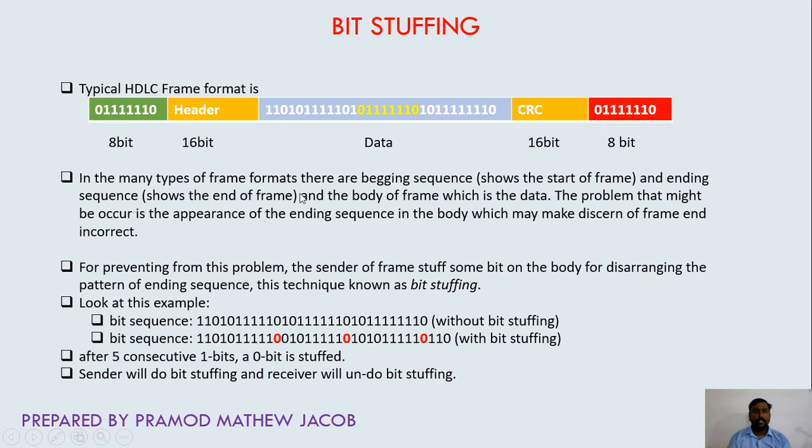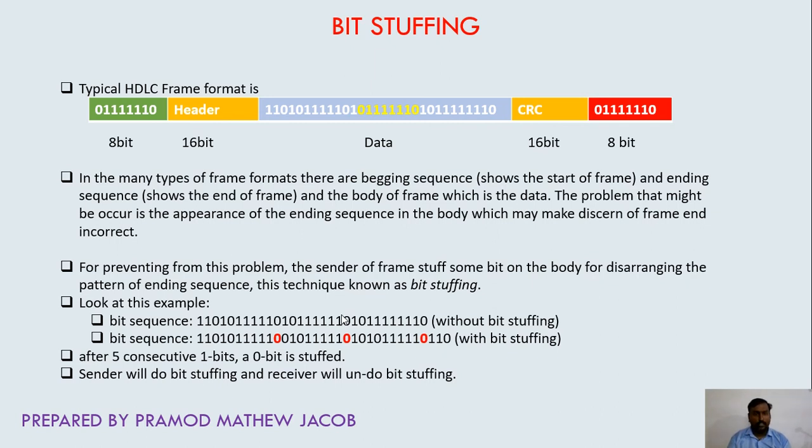As we know, in an HDLC frame the flag is 0 followed by 6 ones and 0. Here in the data part itself, there is a 0 followed by 6 ones. So whenever the receiver gets this part of the data, it assumes that the end of the frame has occurred and it will neglect the other bits.